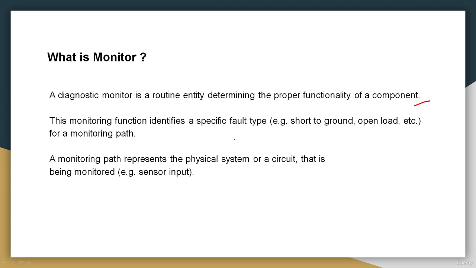So the monitoring function identifies a specific fault type. Each monitor has a specific functionality and it will identify issues related to that functionality. Example, short to ground, open load, etc. A monitoring path represents the physical system or a circuit that is being monitored.